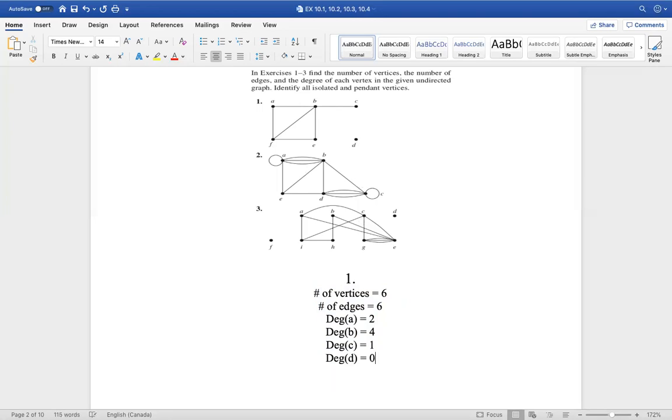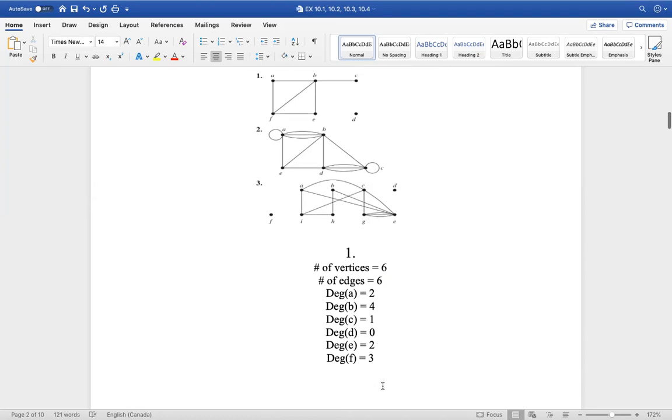So the degree will be 0. Degree of E: we have 2 edges, so the degree is 2. Degree of F: we have 1, 2, 3 edges, so the degree is 3. Okay, pretty straightforward. No big logic.